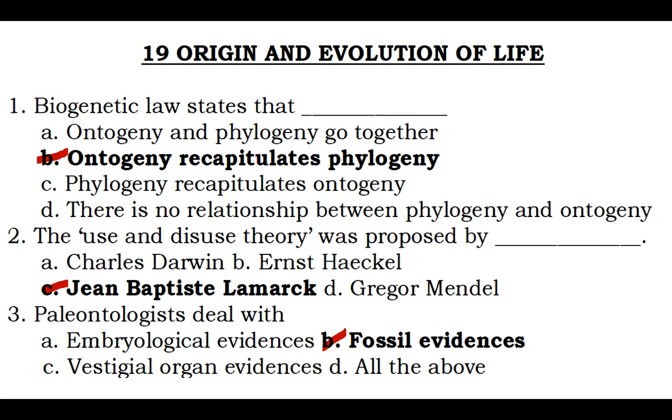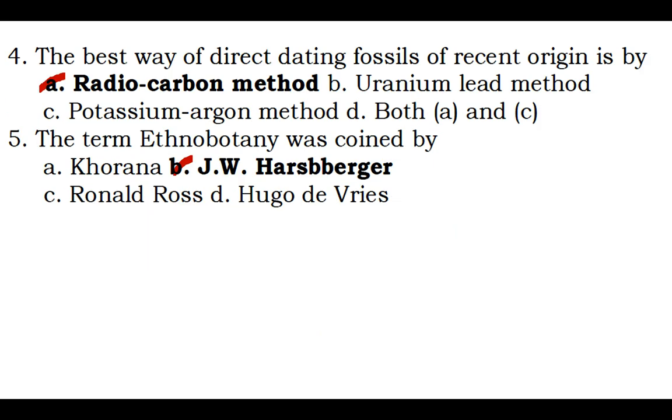The use and disuse theory was proposed by option C, Jean-Baptiste Lamarck. Question number 3. Paleontologists deal with option B, fossil evidences. Question number 4. The best way of direct dating fossils of recent origin is by option A, radiocarbon method.